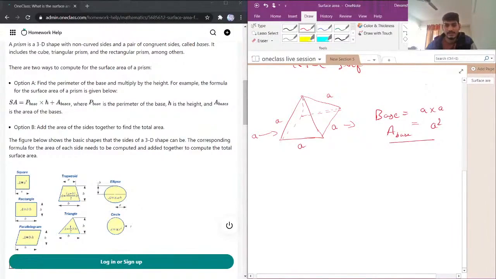Now for the sides, this is the slant height of this pyramid. We can also find the area of an equilateral triangle. So let me just confirm the area of an equilateral triangle.